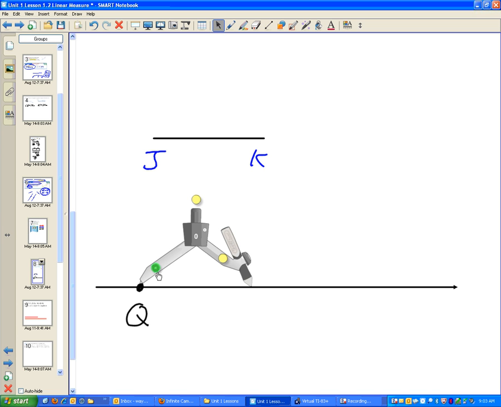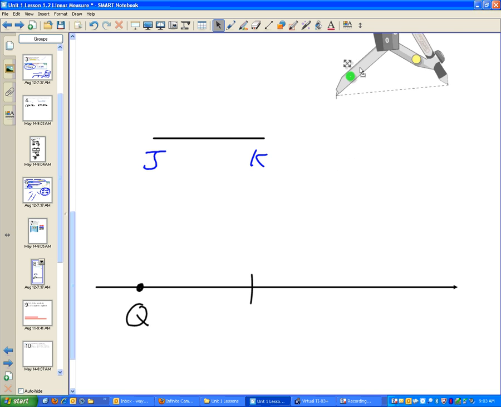The distance from Q to where the pencil is now is the same as from J to K. Oh, come on, how do I make the mark? There we go. I'll make that mark, and move this back out of the way. So label that R.